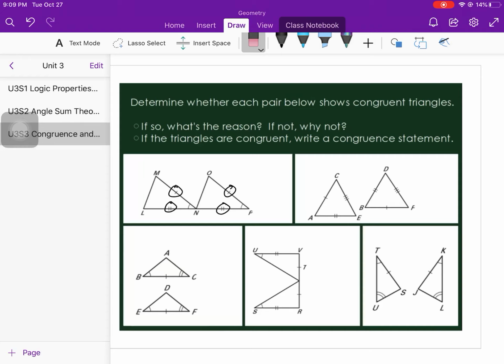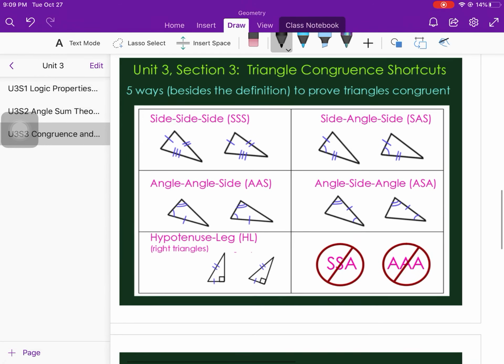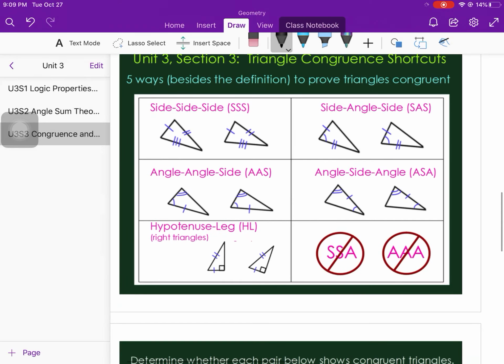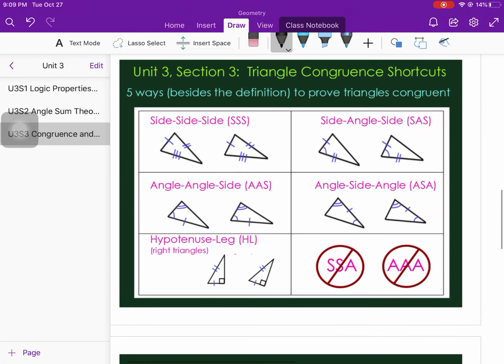So we have 2 sides that are congruent between the 2 triangles. And then we also have an angle in between the 2 sides. So if you look back up at this handy little chart, you might want to look at this while you're doing some of the problems in the follow-up worksheet.